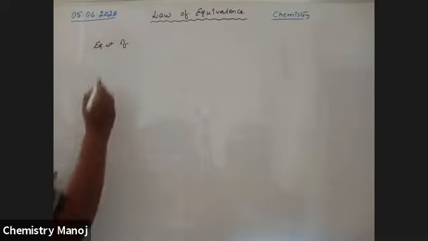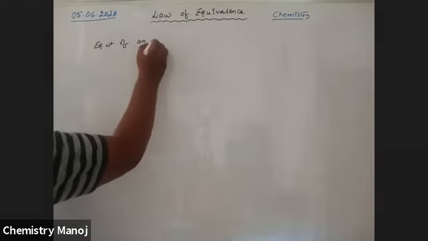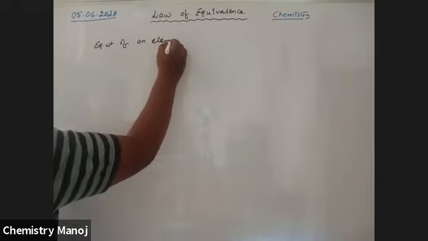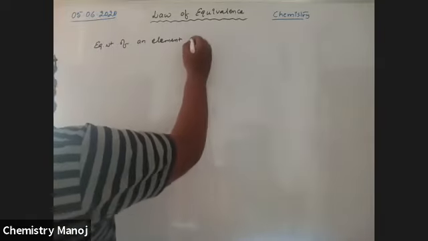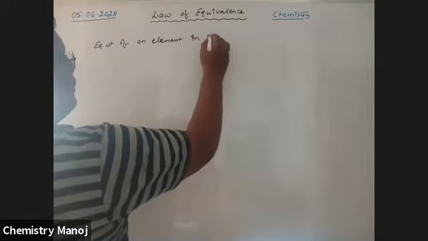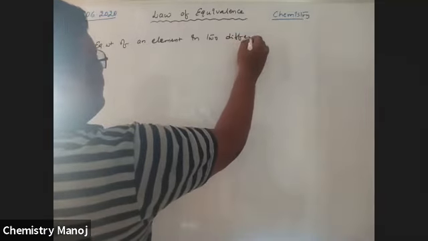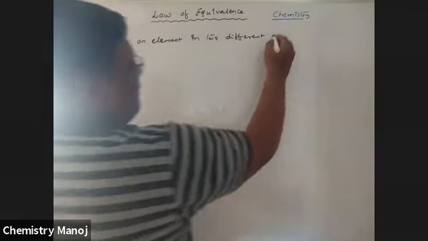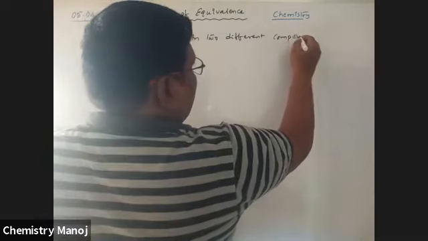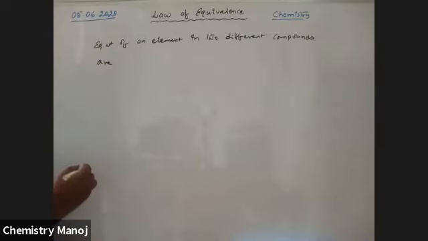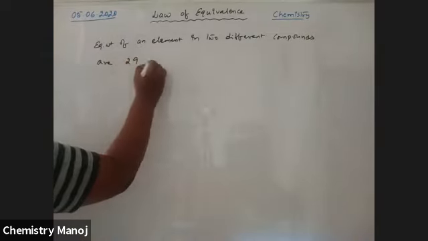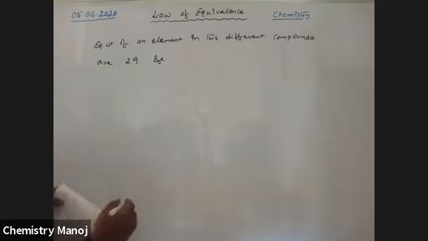Equivalent weight of an element in two different compounds are 29 and 58.